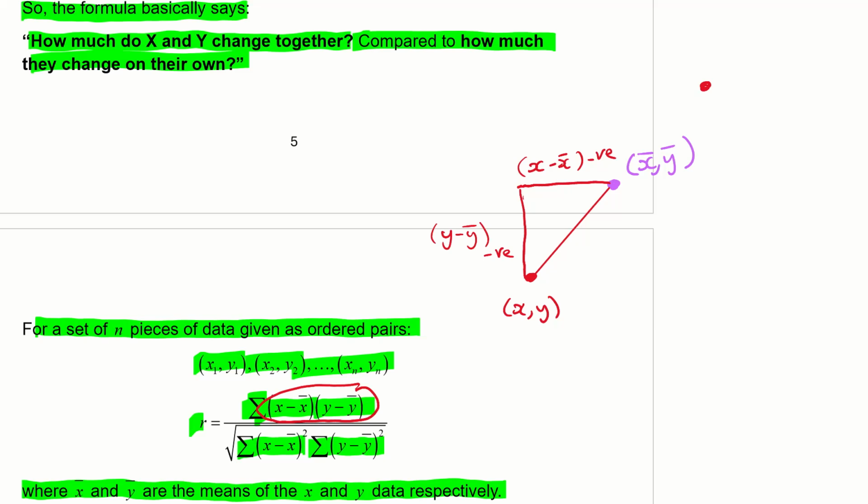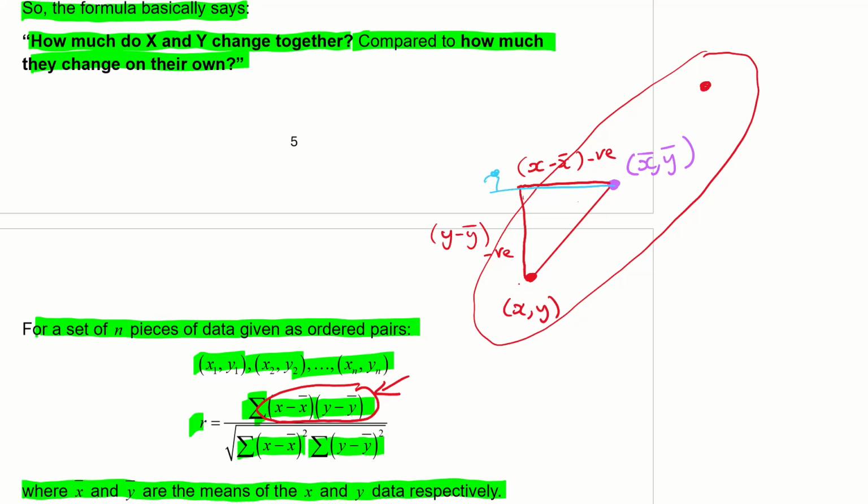So when the points tend to be along this sort of region, you're going to get them both negative or both positive, and that means you're going to be adding positives on the top. Now, when you don't have a perfect correlation, you're likely to have a couple of points like this where you would get a negative result, but the bulk of them will give you a positive result.